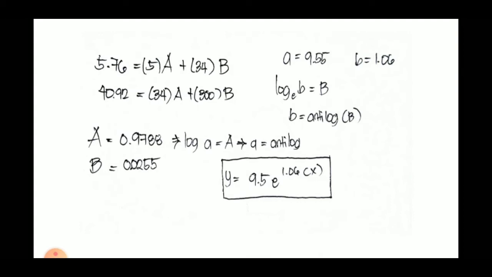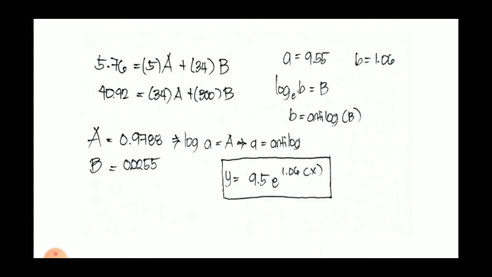And remember, this is the big letter A and big letter B, which is logarithm. To find the value of A and B, just go to mode 5.1 and input all the coefficients of the variables: the coefficient of A is 5, the coefficient of B is 34, and the constants of the two equations are 5.76 and 40.92.